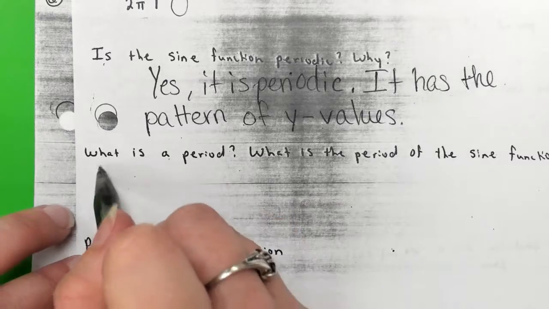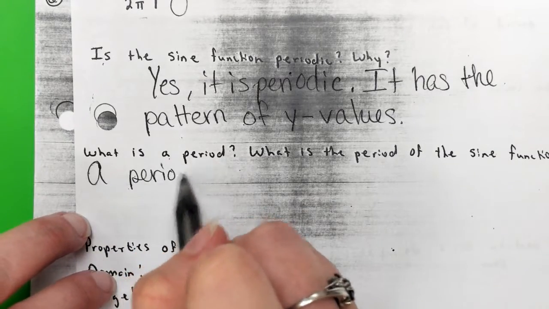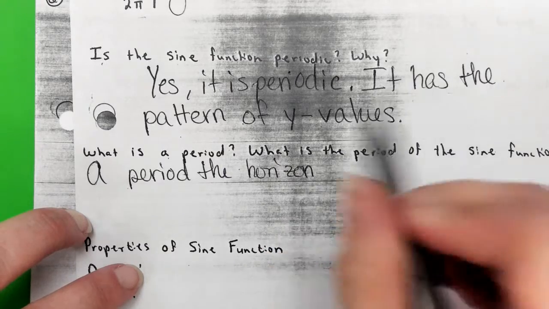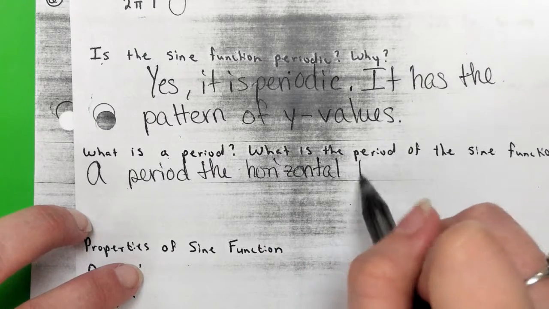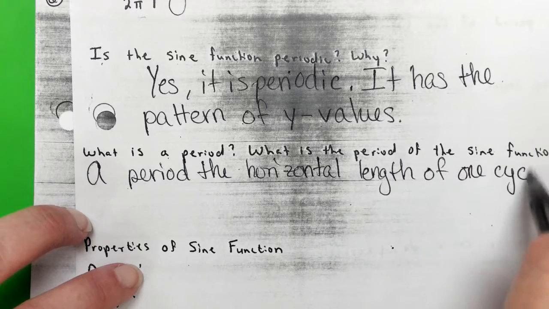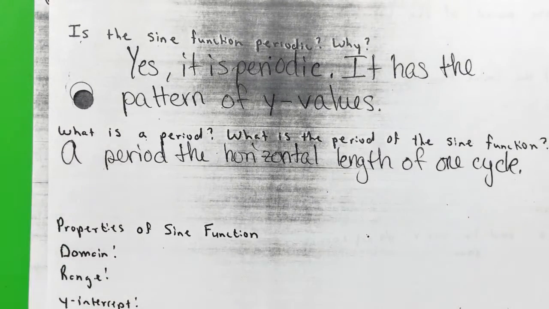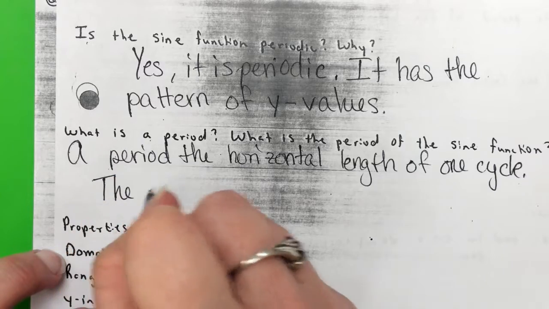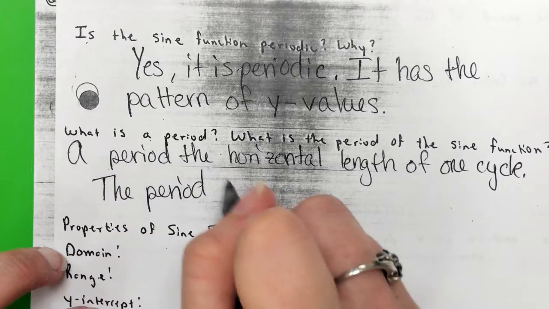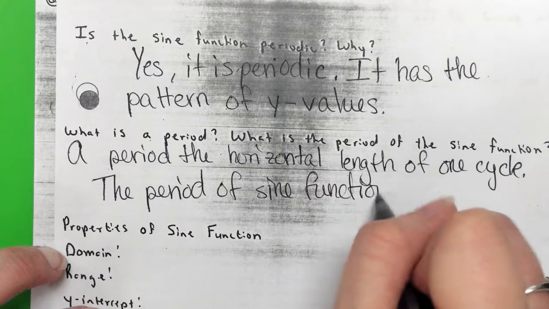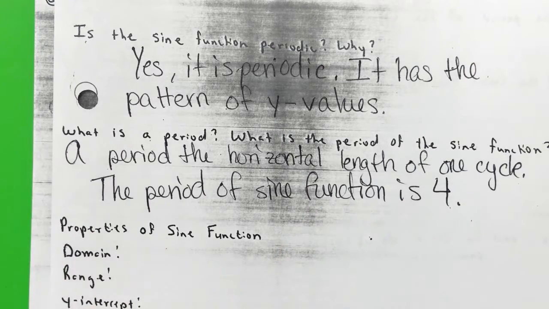So a period is the horizontal length of one cycle. The horizontal length of one cycle is a period, okay? So what is the period of the sine function? 4. So the period of the sine function is 4. Y'all okay?